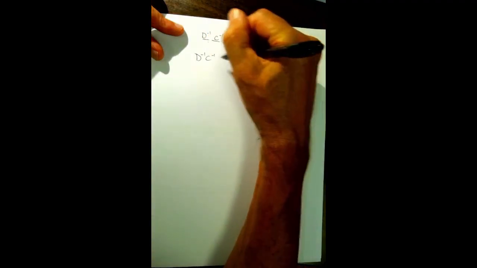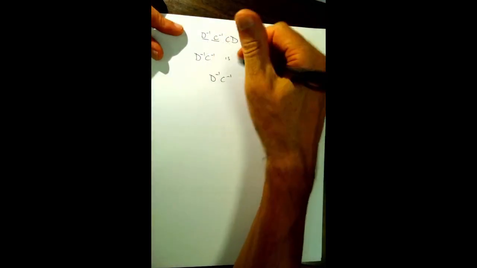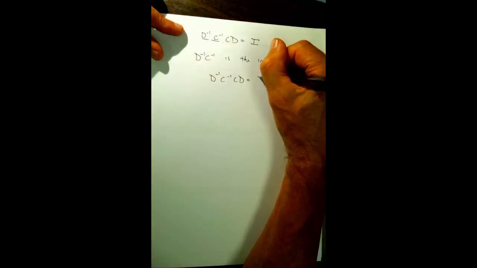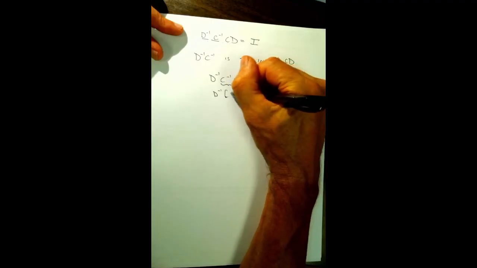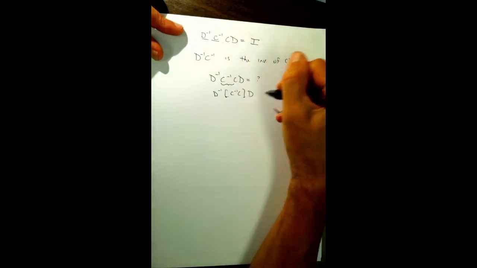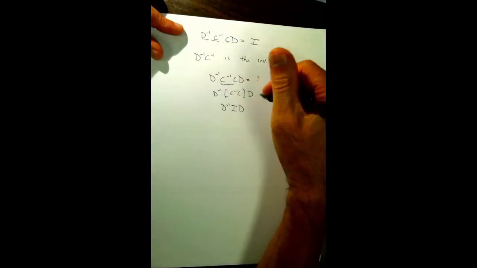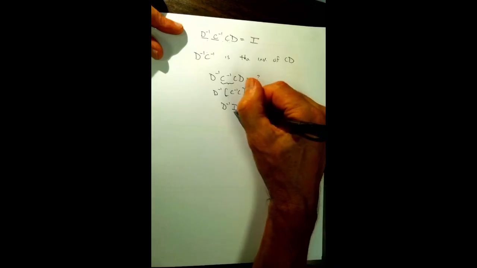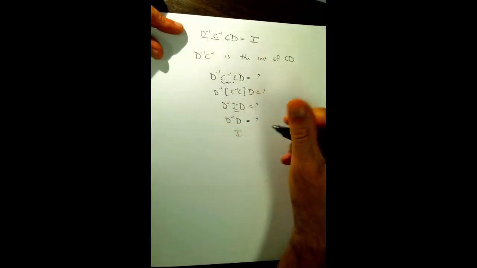So my claim is that D inverse C inverse is the inverse of CD, and the way to check that is basically just multiply this thing times CD and see what I get. I can write this as D inverse times that in the middle, but this is just the identity matrix, but I times D is just D, so I get D inverse D, but D inverse D is I, so that is the inverse.